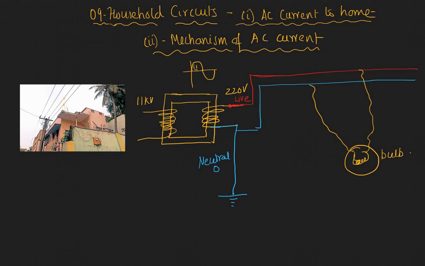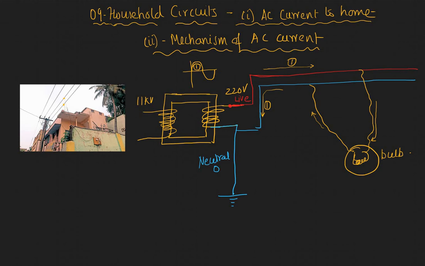Let's see what happens in the positive cycle. The current goes from the live, traverses through this bulb, and comes back, and the neutral is offering the return path. So this is the first cycle.